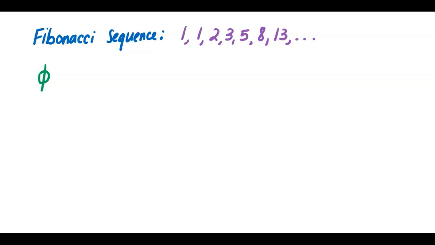So we can define the Fibonacci sequence recursively as so. To get the nth term of the Fibonacci sequence, it is the two previous terms added up: the (n-1)th term plus the (n-2)nd term.